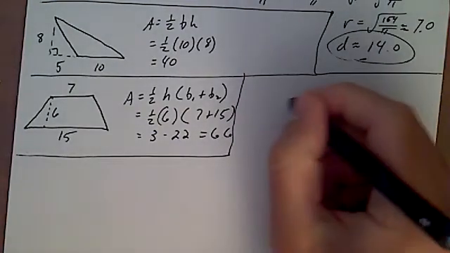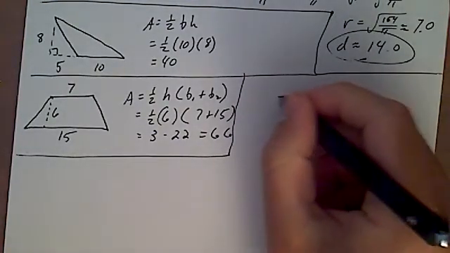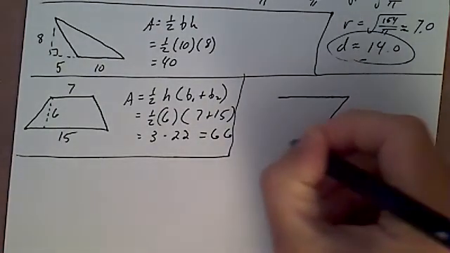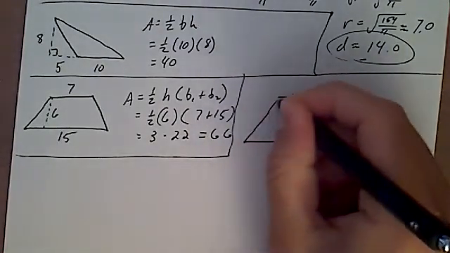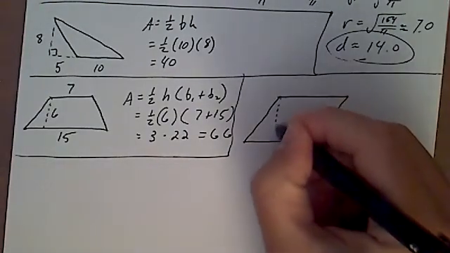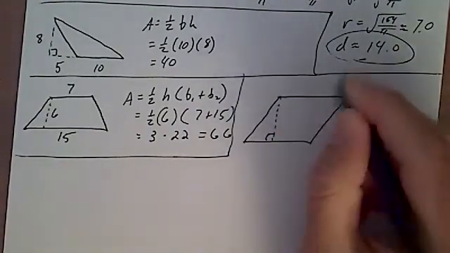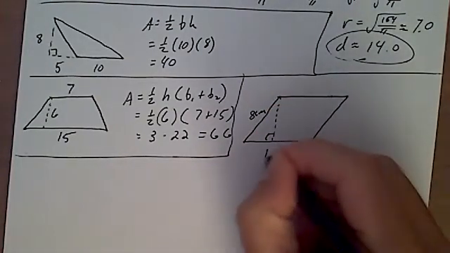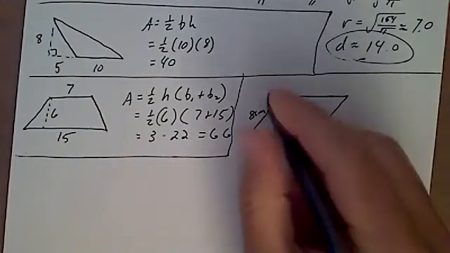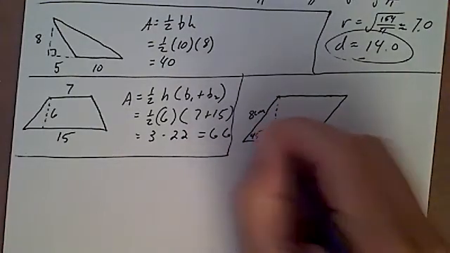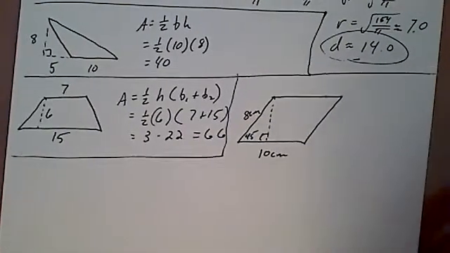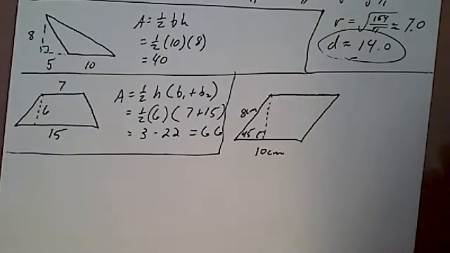All right, our next example is a parallelogram. This one may or may not be the exact problem that you are shown on the quiz today, mostly because you actually have to find one more thing in it before you find the area.